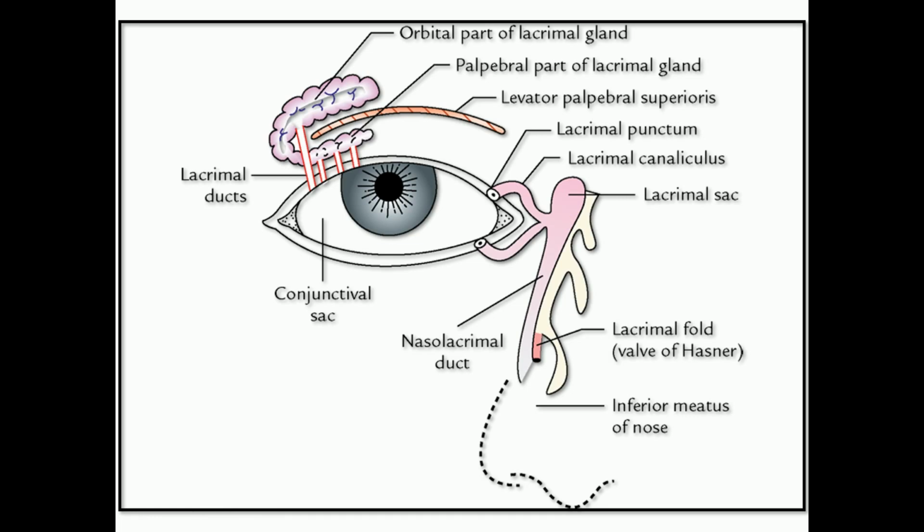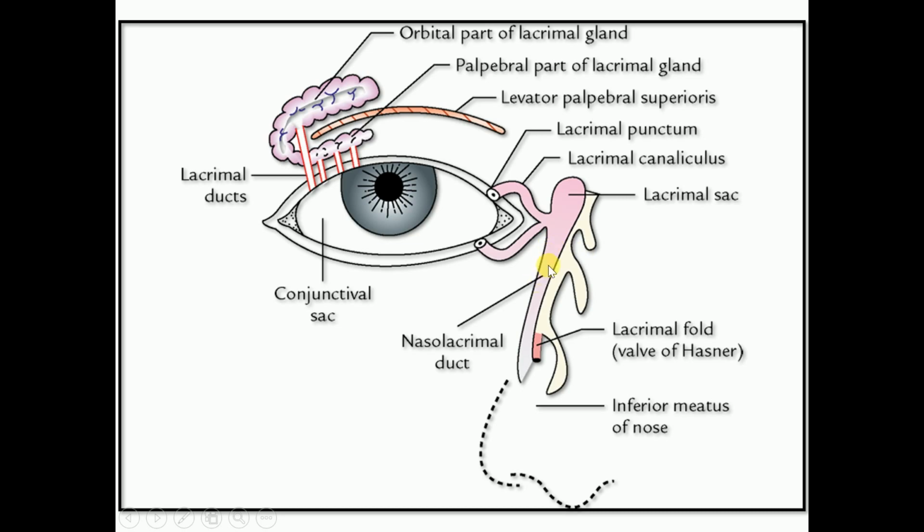On the inferior aspect, the lacrimal sac is continuous with the nasolacrimal duct. There are three parts: fundus, body, and neck. From the neck of the lacrimal sac onwards, it is continuous with the nasolacrimal duct.